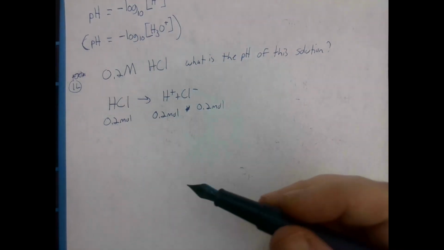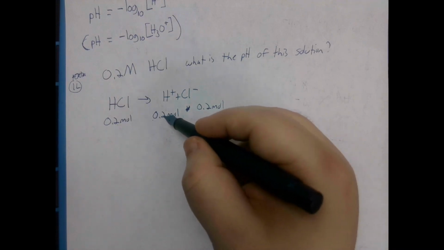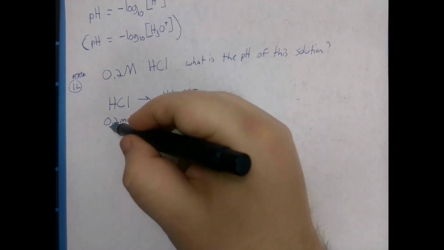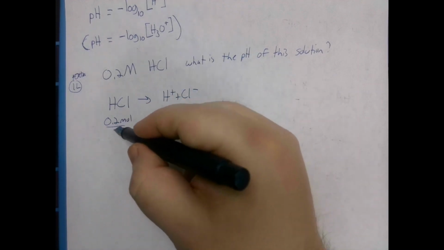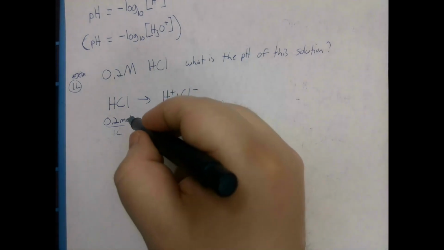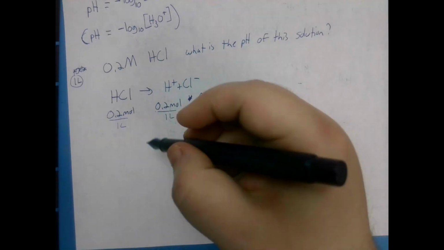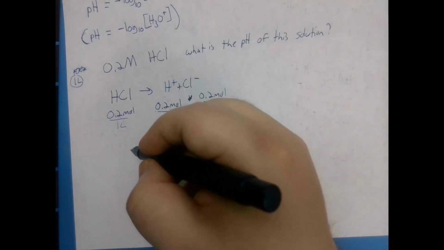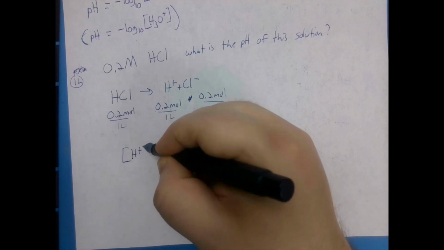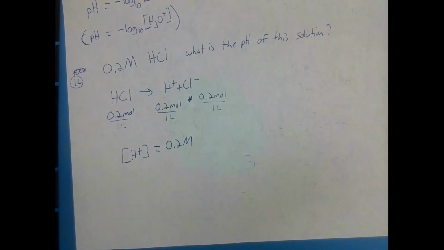So in my solution, my concentration is 0.2 moles per 1 liter. Even though we usually deal with moles here, you can use molarity too. My overall concentration of H plus is also equal to 0.2 molar.